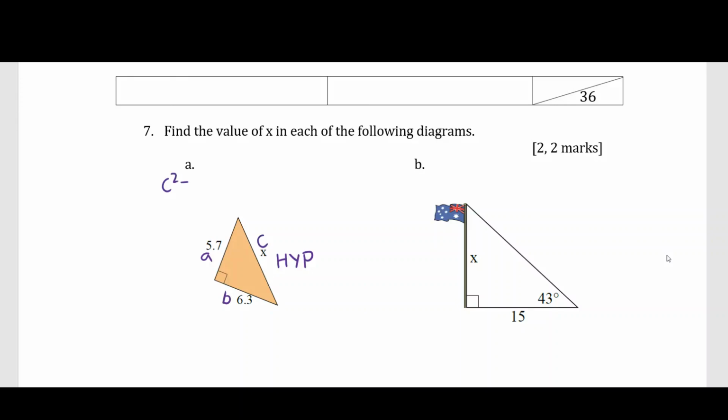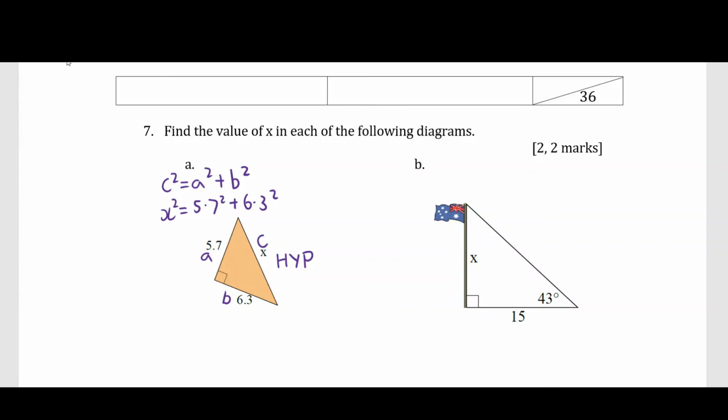So C squared equals A squared plus B squared. All right. Then, putting those numbers in, we've got 5.7 squared. So substituting in 5.7, my mistake. C is x. So it's going to be x squared equals 5.7 squared plus 6.3 squared.